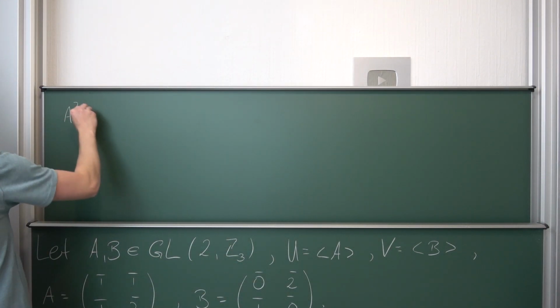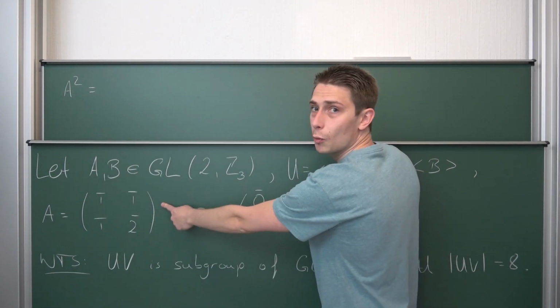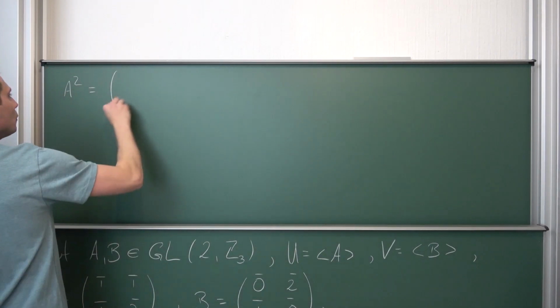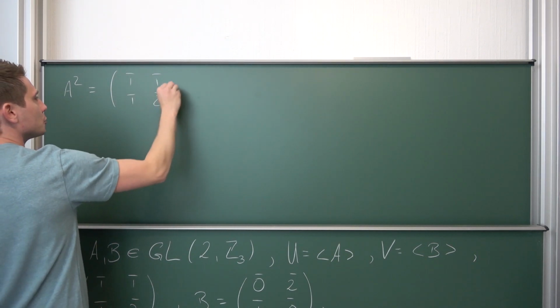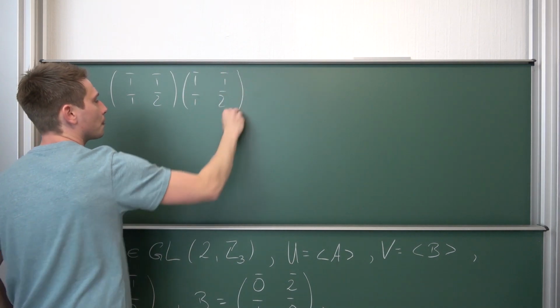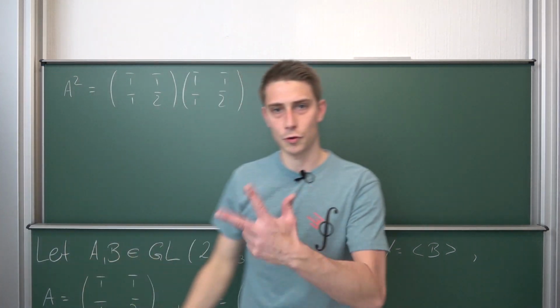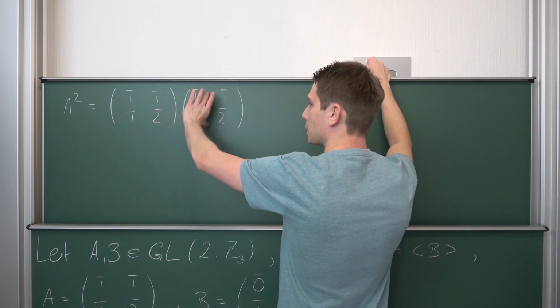So A squared is nothing but A times A, obviously. I'm going to write it out for now: (1, 2; 1, 1) times (1, 2; 1, 1). And they are all in modulus 3. Now, we are going to multiply stuff together.